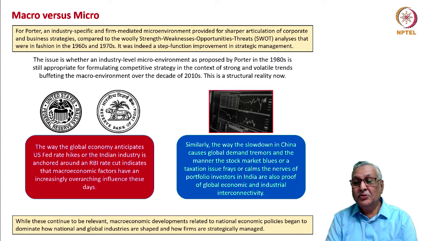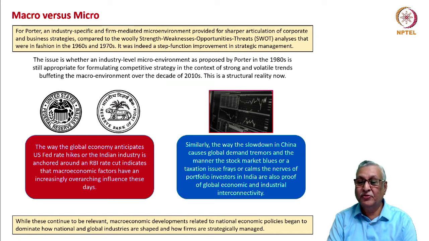Similarly, the way the slowdown in China causes global demand tremors and the manner the stock market blues or taxation issues fray or calm the nerves of portfolio investors in India are also proof of global economic and industrial interconnectivity. All the bourses, that is, all the stock exchanges which represent the collective behavior and thinking of companies and investors, are interlinked. No economy is now independent of another economy.